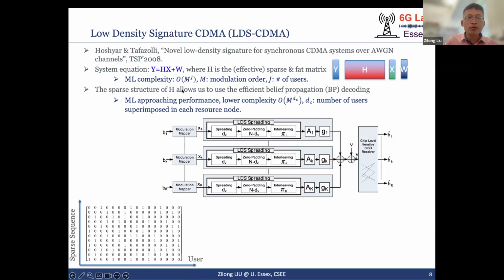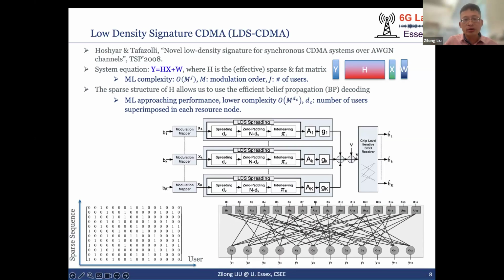So what we can do is, instead of using dense sequences, consider sparse sequences. Here we can see that we have 16 users, where every user is given a column vector, which serves as a spreading sequence. Whenever this entry is 1, it means we use a non-zero element for spreading, and whenever it is 0, it means we are sending a zero signal out. Thanks to such sparsity, we are able to leverage belief propagation decoding, and relate such a system to a factor graph.